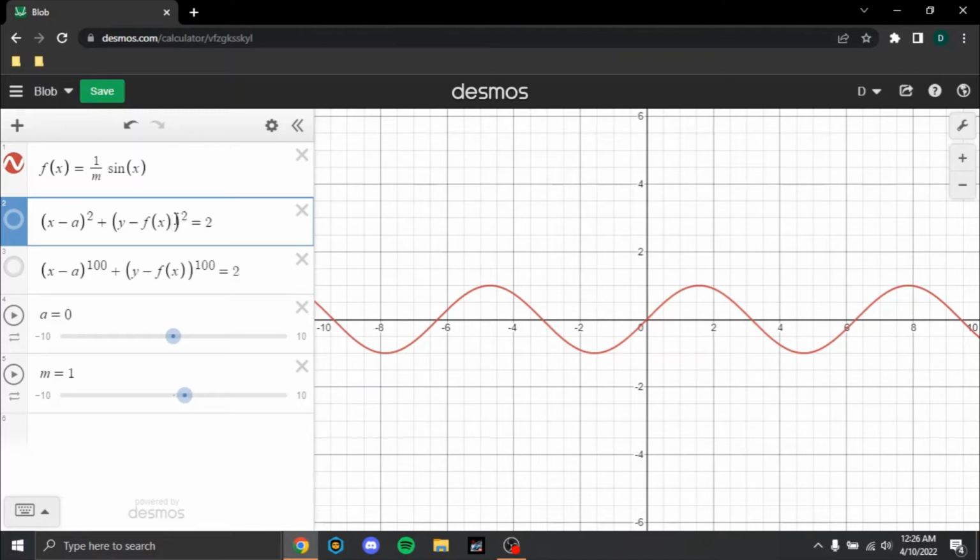I forget exactly what I was trying to do. I had an objective, but then I ran into this and I was like, wow, this is much cooler than what I wanted to do. So basically, I want you to think, what do you think is going to happen? This is the equation of a circle, but that one coordinate is a sine graph.